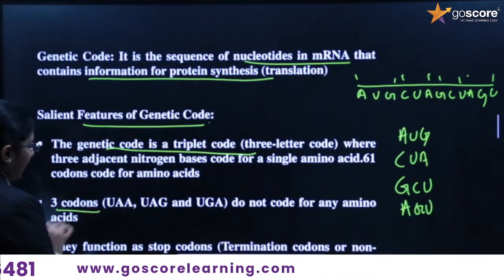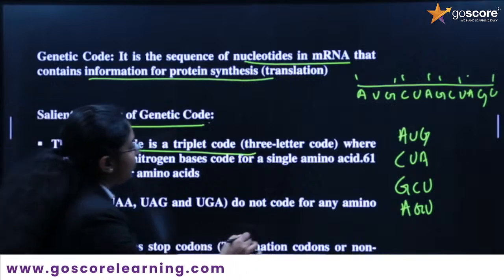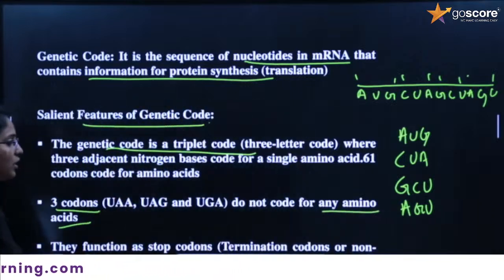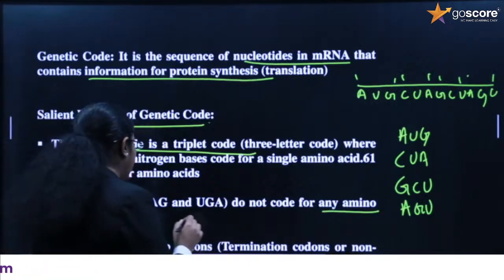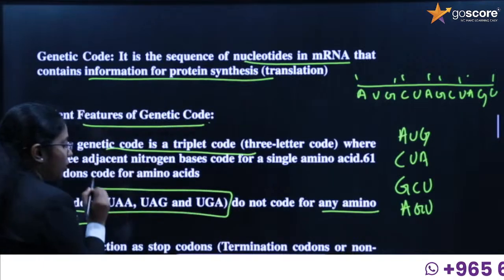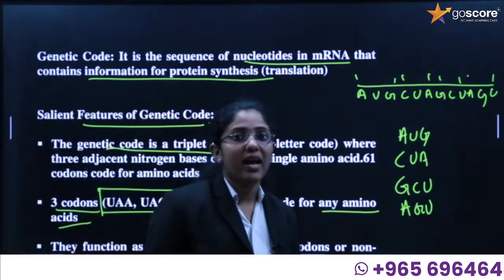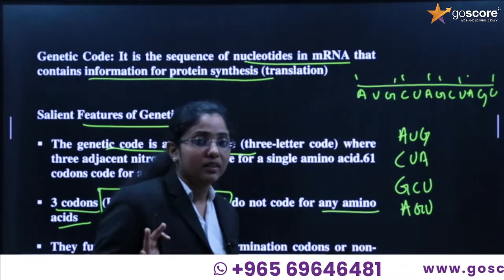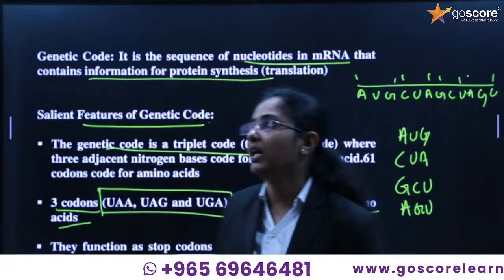Three codons do not code for any amino acids. These three different codons act as stop codons, for termination in translation. What are the three codons?